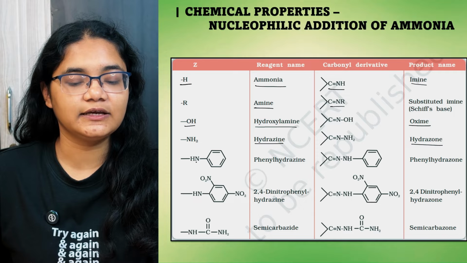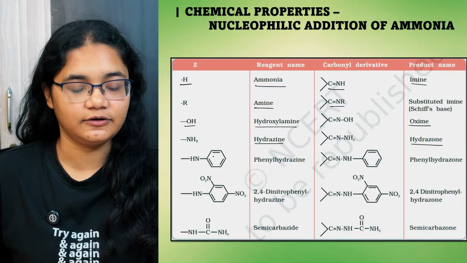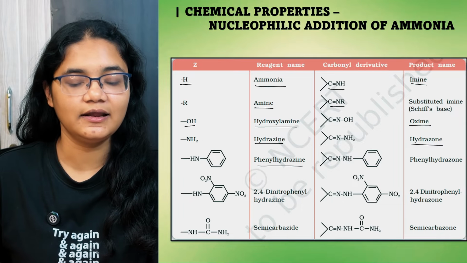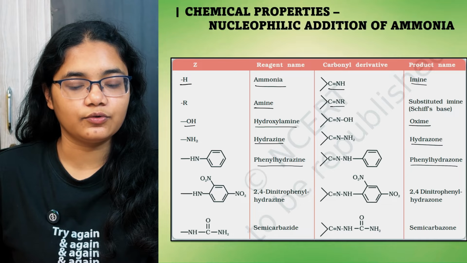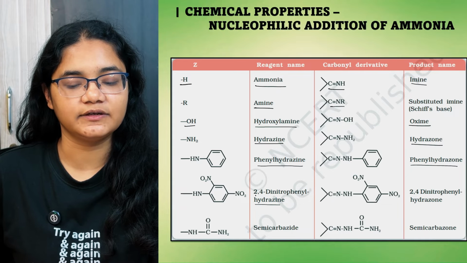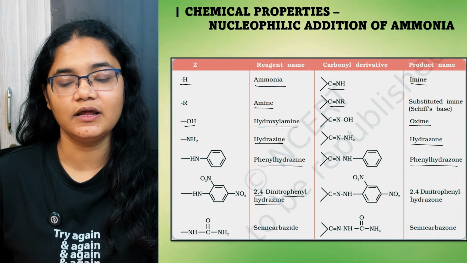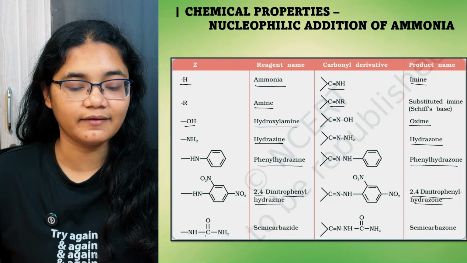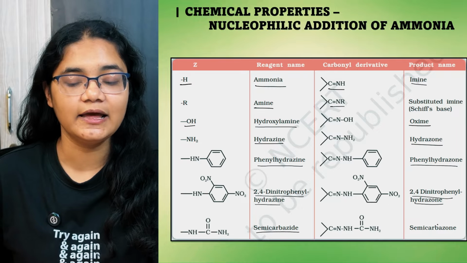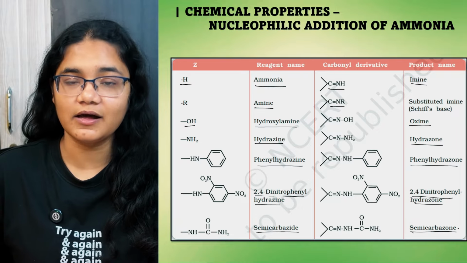If Z equals NH and then a benzene ring, it is phenylhydrazine, and the product formed is phenylhydrazone. If you have NO2 groups, it is 2,4-dinitrophenylhydrazine, which gives 2,4-dinitrophenylhydrazone. If you have NHCONH2, semicarbazide, then the product formed is semicarbazone.